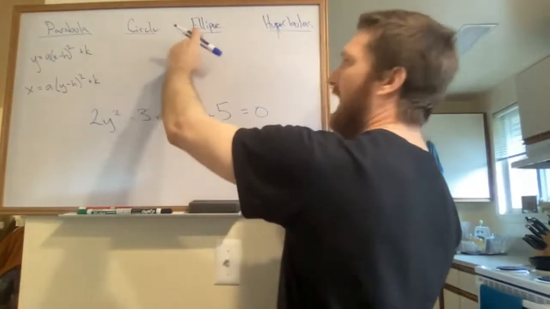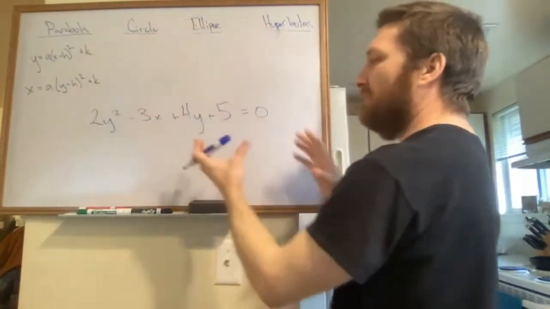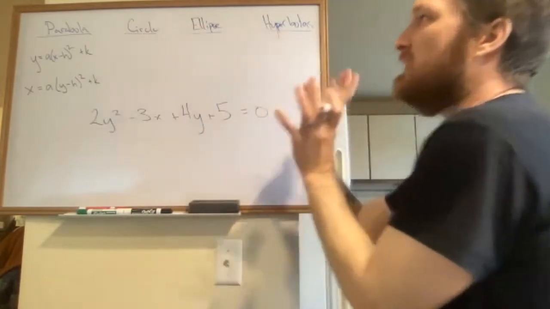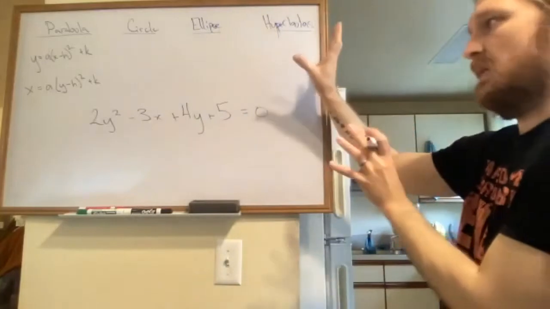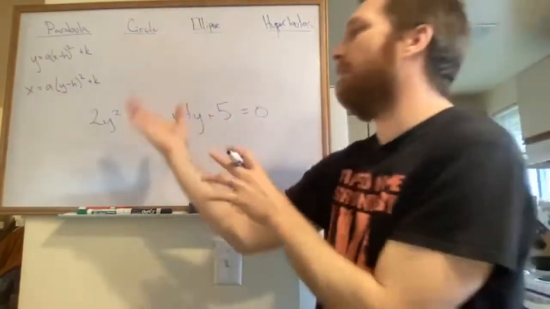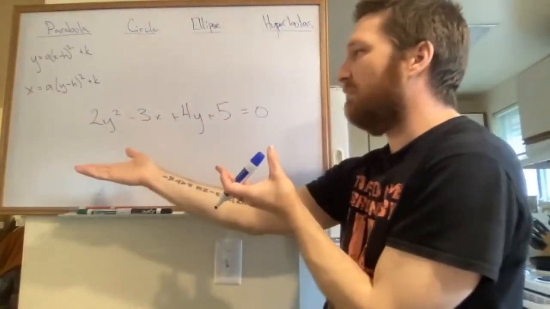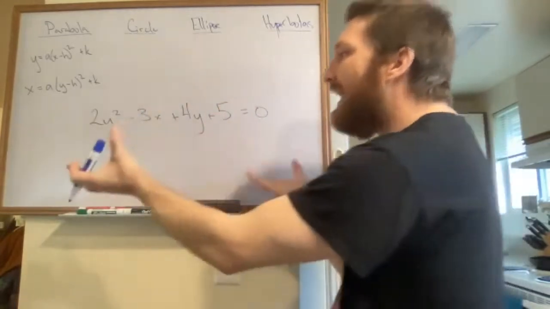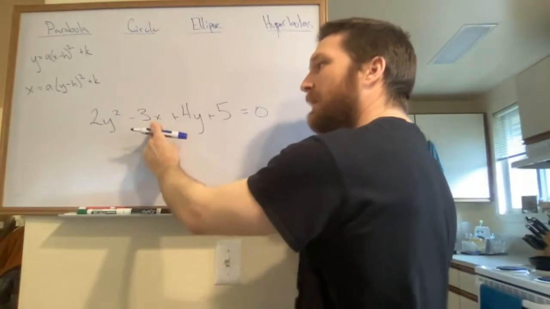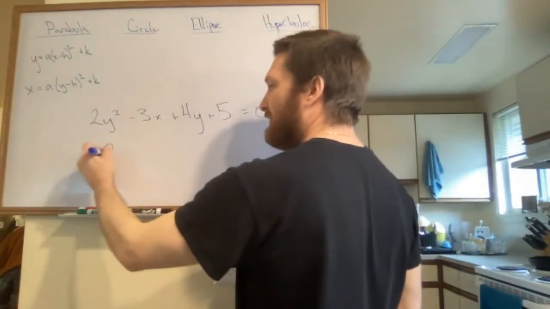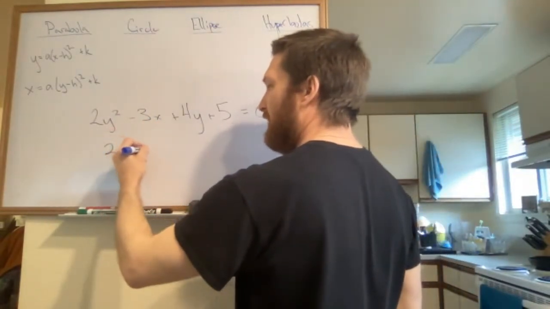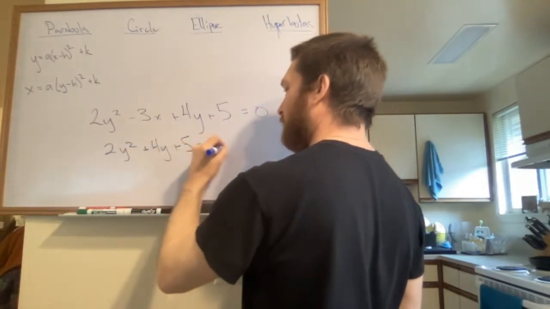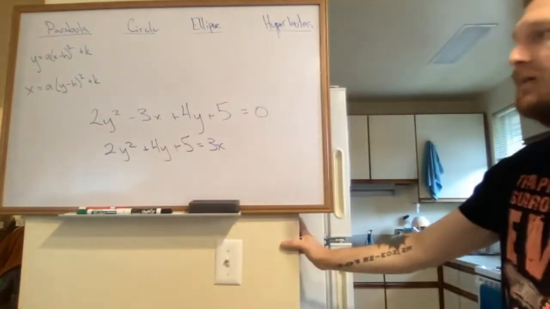With all of these other conics, the problem is we couldn't isolate one of the variables completely, so they have these special forms. But in the case of a parabola, whether x is the thing being squared or y is being squared, you actually can get one of the variables by itself. So in this case, I would rewrite it like this, getting the x all by itself.